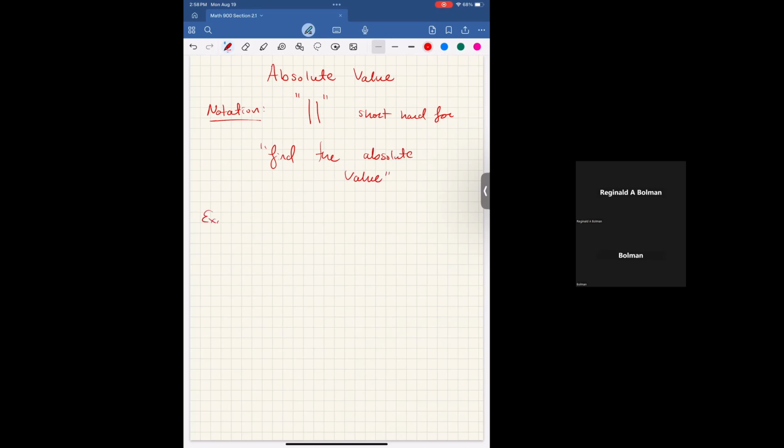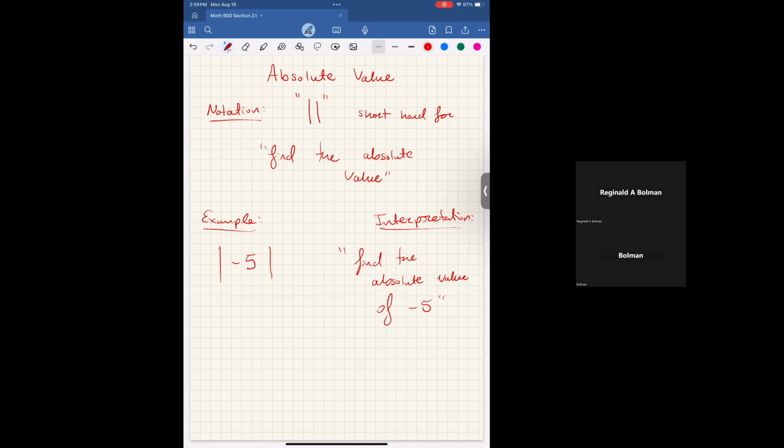So an example of this looks like if I have two vertical bars and a -5 in the middle of these vertical bars, we're going to interpret this as find the absolute value of -5. The absolute value symbols don't really do anything apart from act as a shorthand way of asking a question.